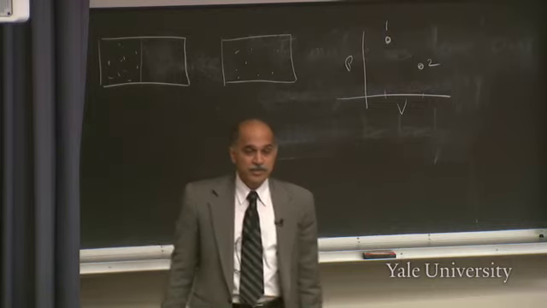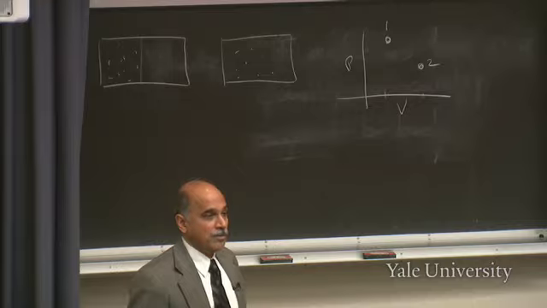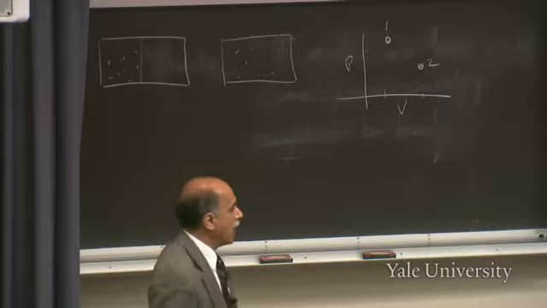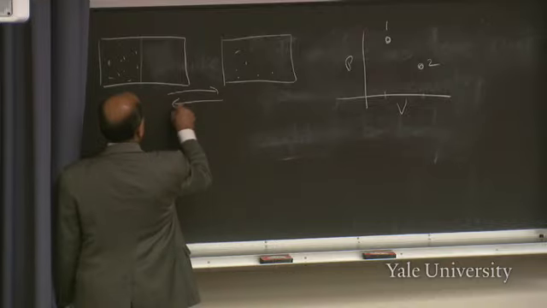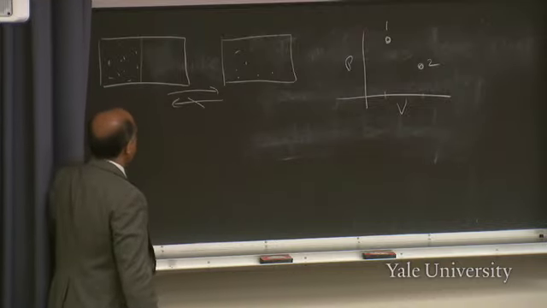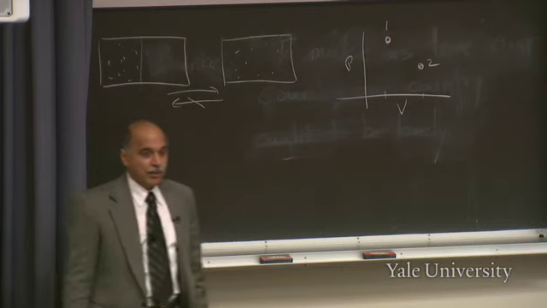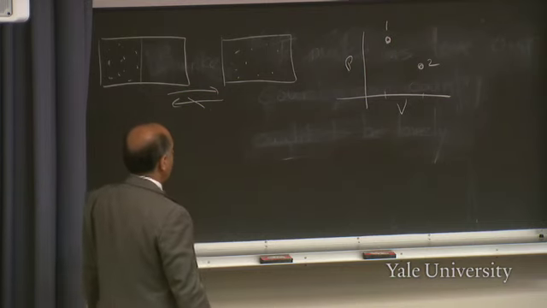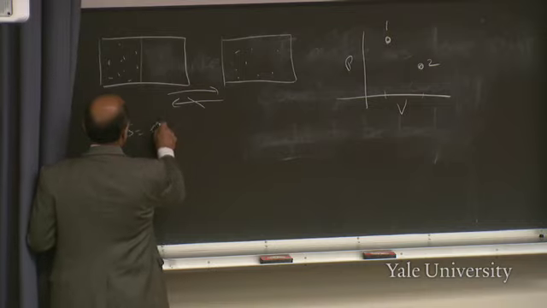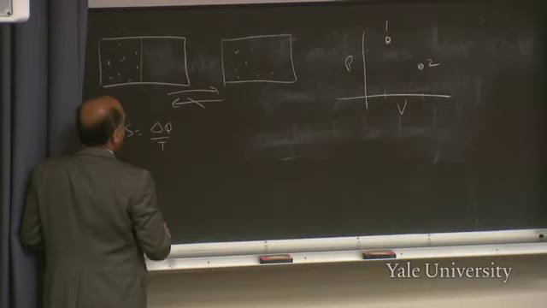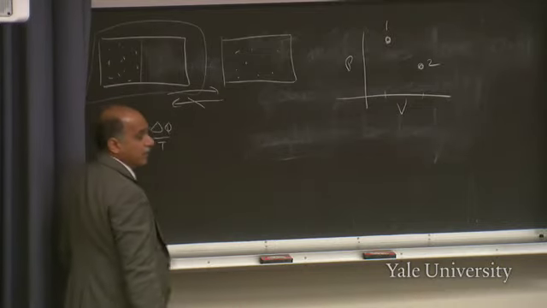What is the entropy change now? That's what I want to ask. What's the change in entropy here? Because I know that this is allowed, that is forbidden. So I want to ask, did the entropy go up? Now, how do we do the entropy calculation? Here's a wrong way to do the calculation. You go back and say delta S is delta Q over T. But this whole box, I forgot to mention, is thermally isolated.